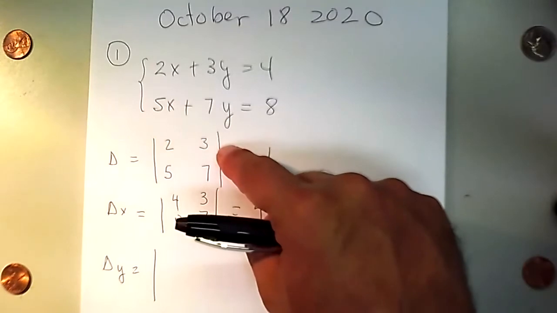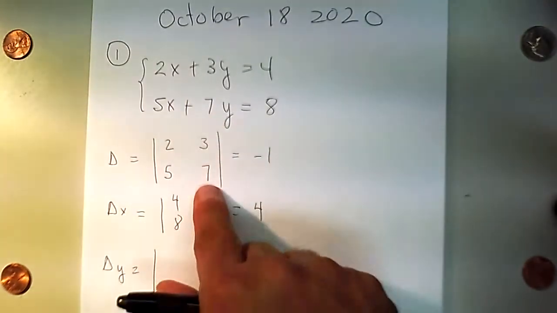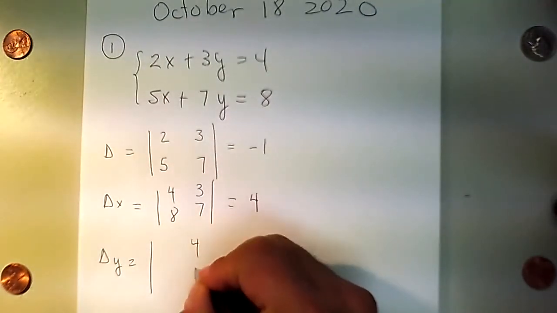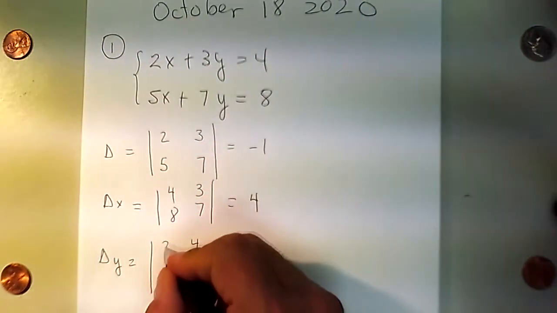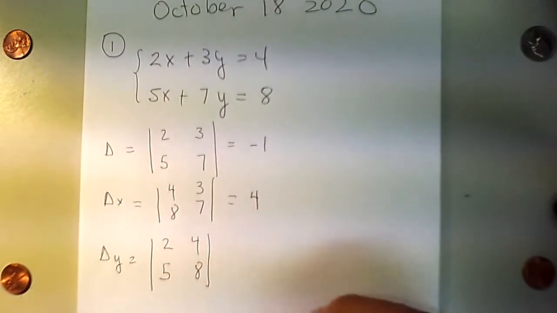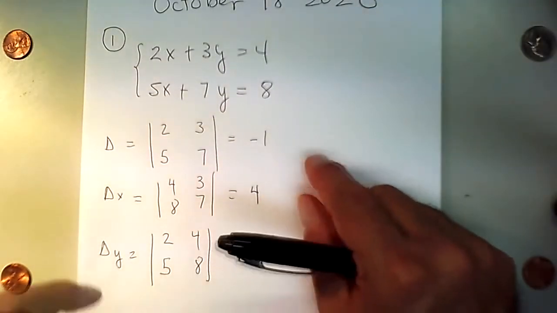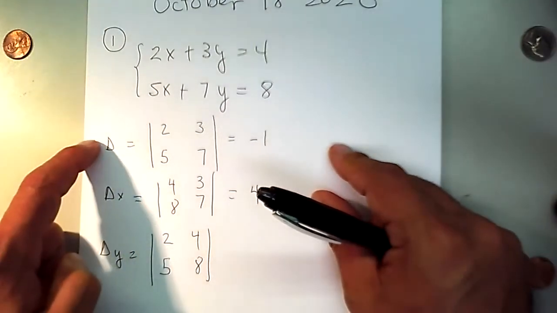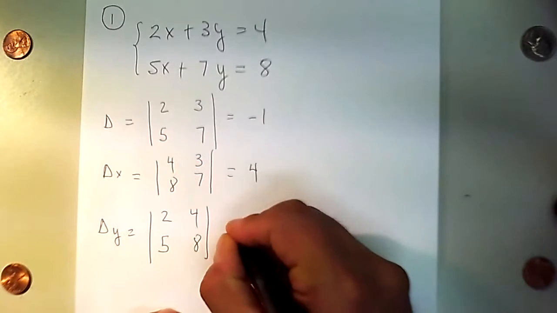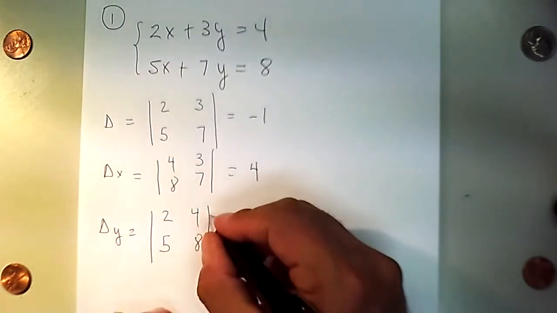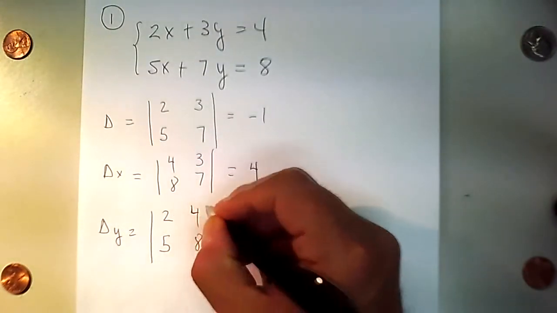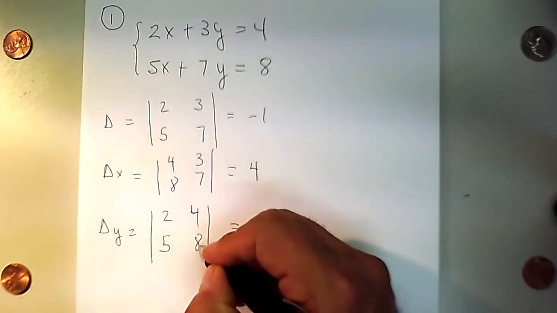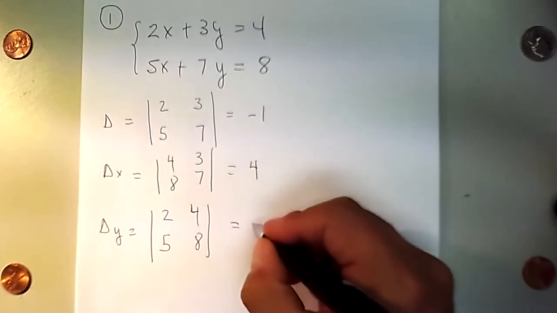We're going back to the original delta and changing the second column with 4 and 8. 4, 8, and the first column remains 2 and 5. So again, I'm repeating, it's not that we are going from this matrix to this one. We're going from the original to this one. And that's going to be 16 minus, that's a 4, minus 20. 16 minus 20 is negative 4.